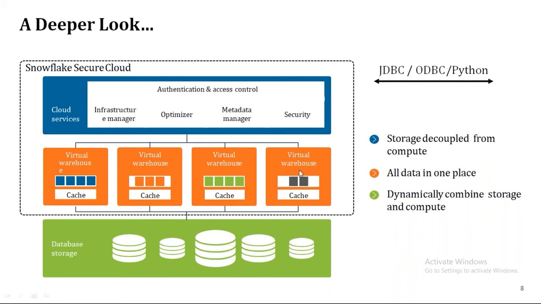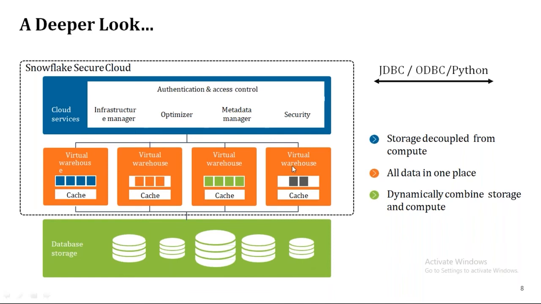Okay, here this virtual warehouse layer and the storage layer are completely decoupled. They are nowhere related to each other. The only functionality of this virtual warehouse is just to go and get the data from the storage layer. That's it.